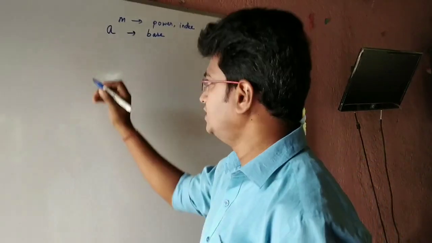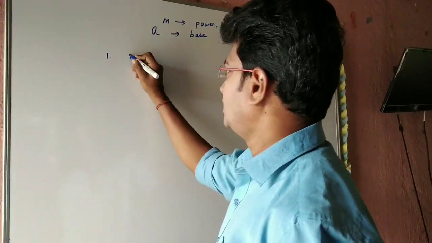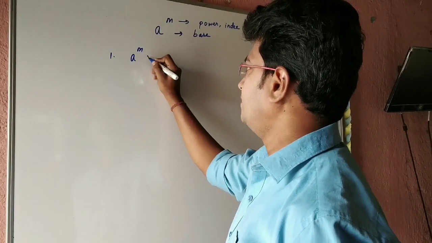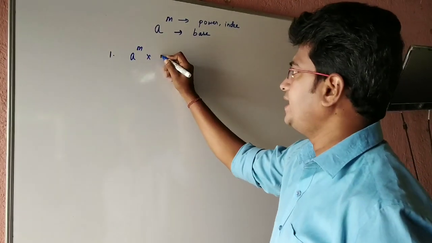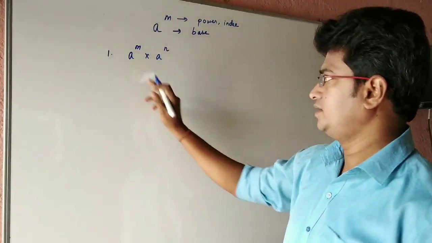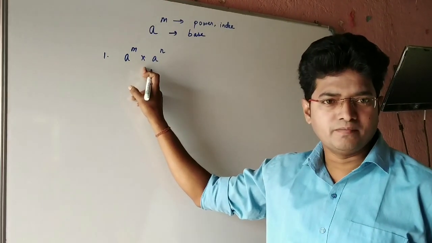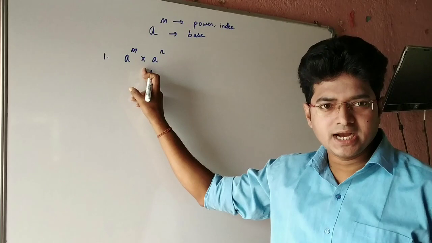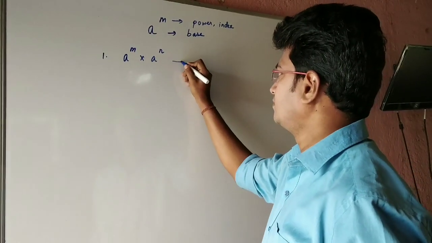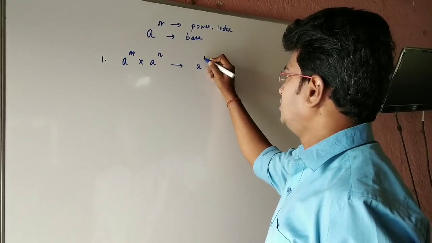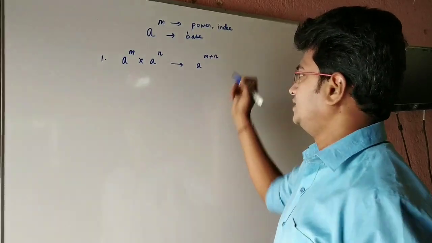Rule number 1: a to the power m into a to the power n. If the base is the same and it is in the form of multiplication, we simply add up the power. a to the power m plus n.